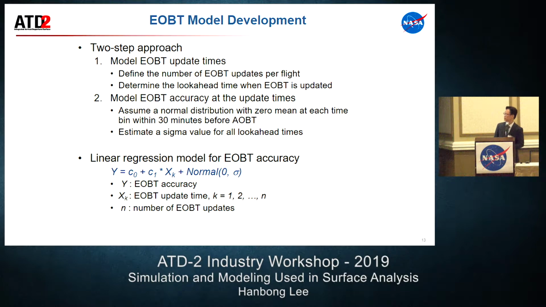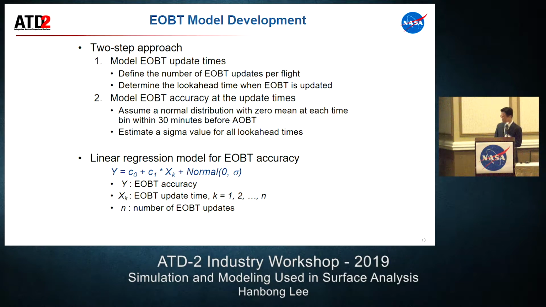In this model, we assume that the UVT accuracy follows a normal distribution with 0 mean at each time, within the 30-minute time window up to the actual pushback time. And then we estimate a single sigma value for all the required times.